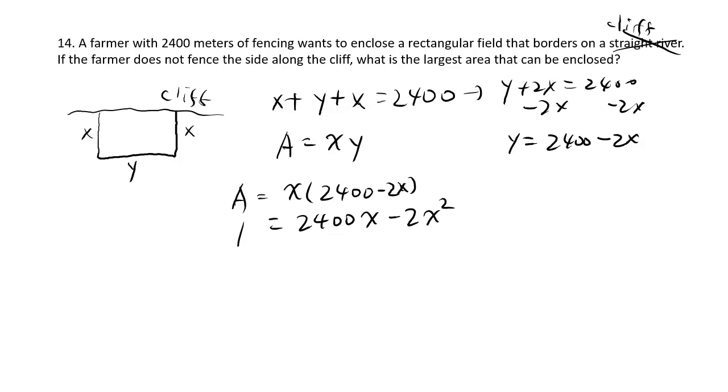So what do we see? A is a quadratic function, and you're looking for the largest area, the largest value of A. That's what we are looking for. But we also know something about quadratic functions. If you rewrite this in standard form, it's negative 2x squared plus 2,400x plus 0.